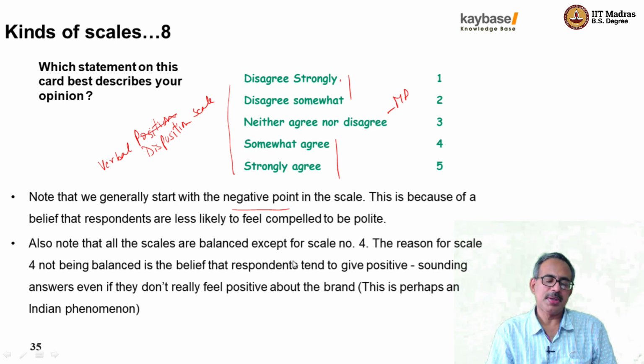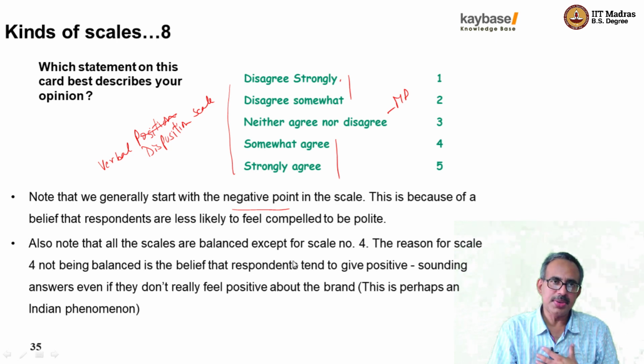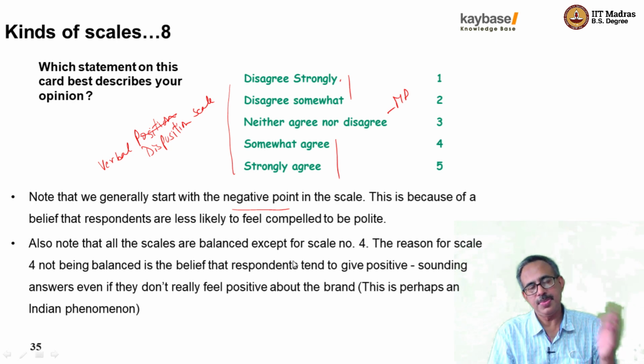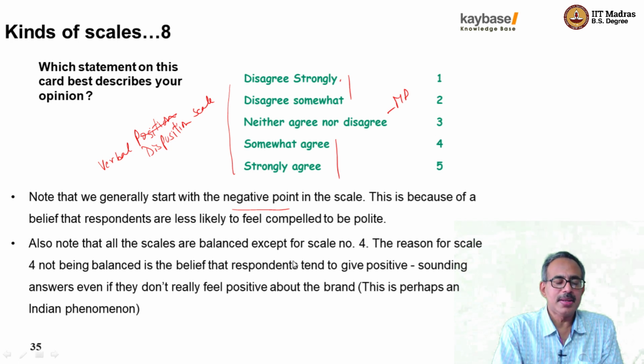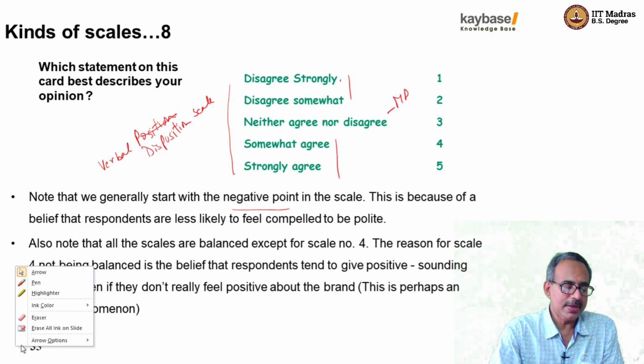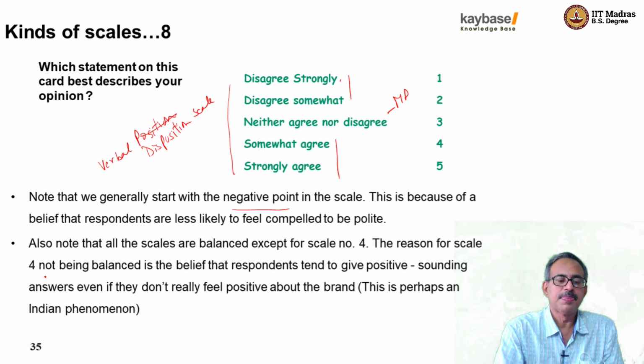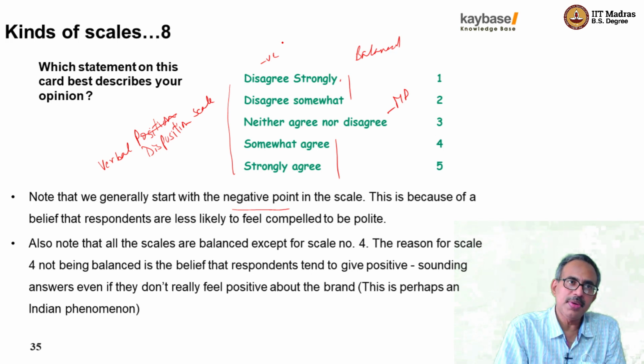But in our experience, it doesn't work that well. We prefer to use balanced scales. So agree disagree is one particular kind of verbal disposition scale. It's a balanced scale. It has a midpoint. And it starts with the negative. All right? Shall we go forward?